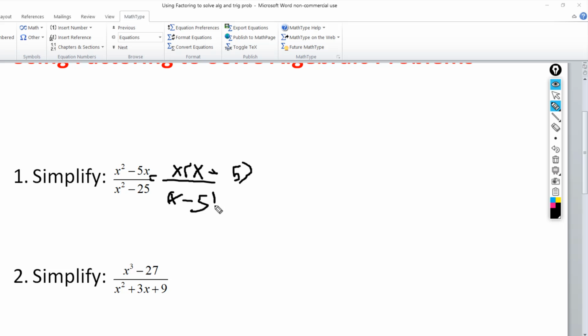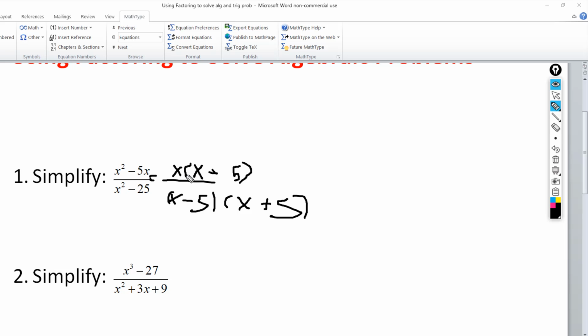So in this case, the square root of x squared is x, the square root of 25 is 5, so we can write this as factored into x minus 5, x plus 5, and of course we could also write it as x plus 5 times x minus 5. Doesn't matter. Now then, if you have any factors in common, then we just divide them out.